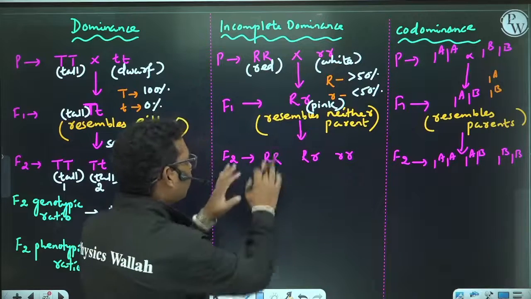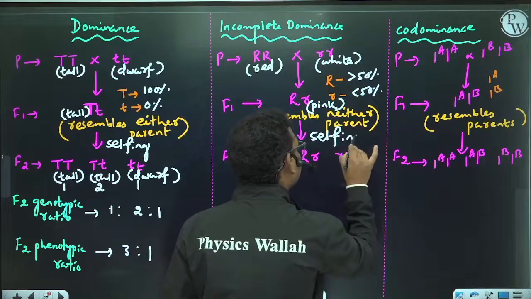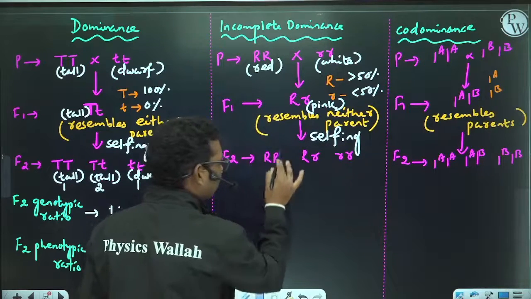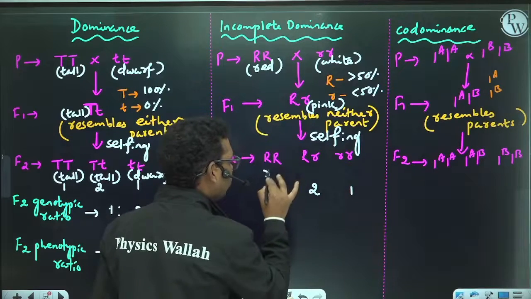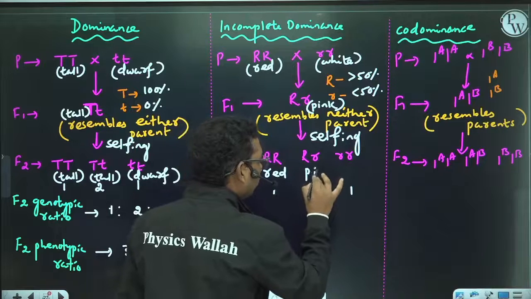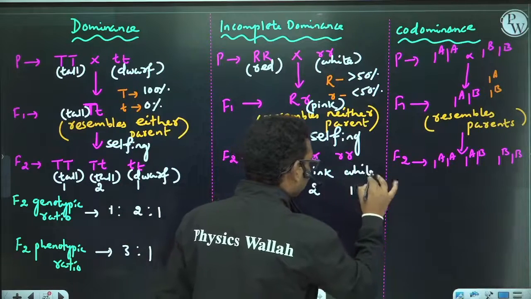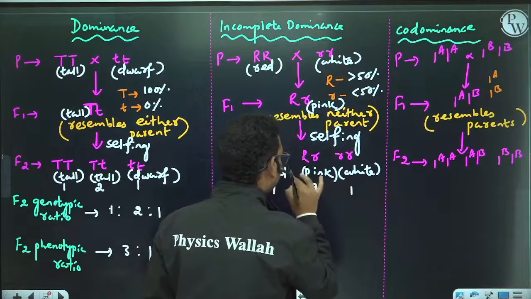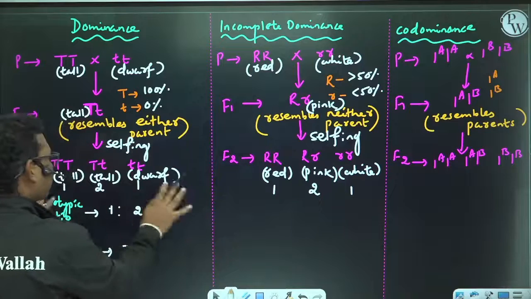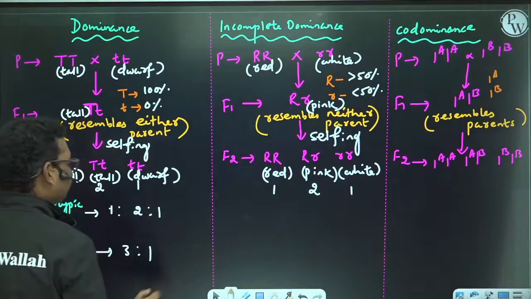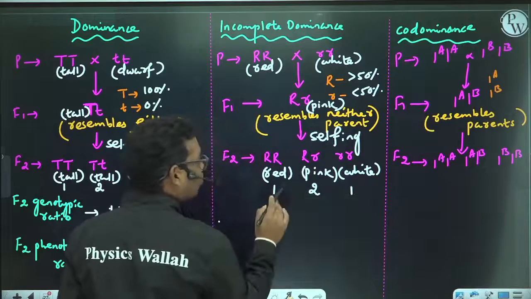Okay. Now in case of F2, how do I get this F2 generation? By selfing of the F1, and after selfing of the F1, I will get this genotype 1, this genotype 2, and this genotype 1. This will be red, this will be pink, and this will be white. Okay, that means in case of F2 generation, what is the genotypic ratio? 1:2:1.